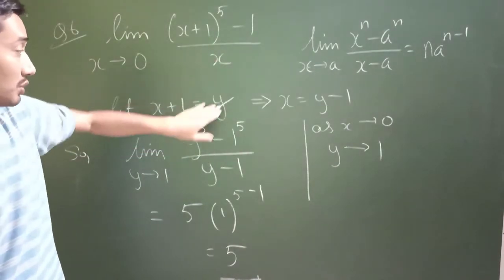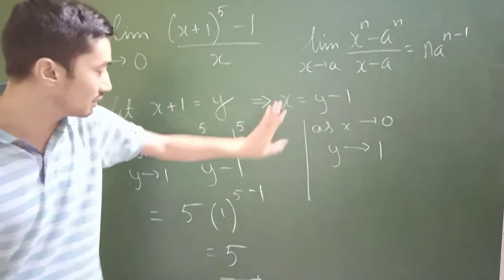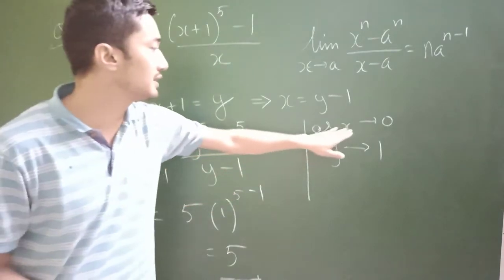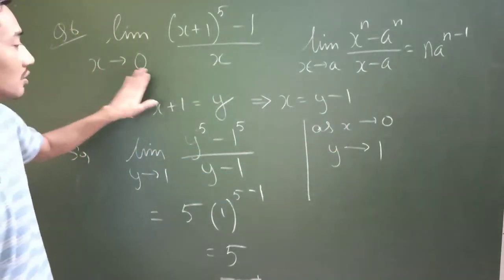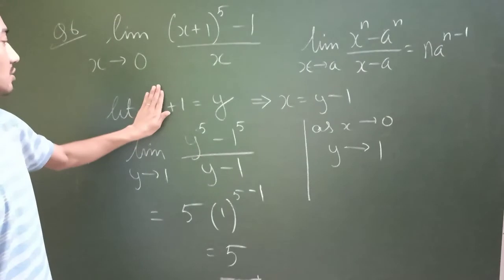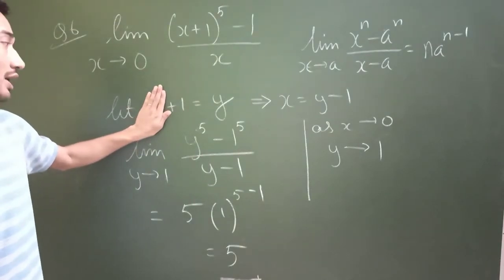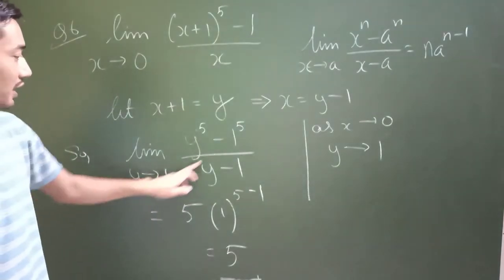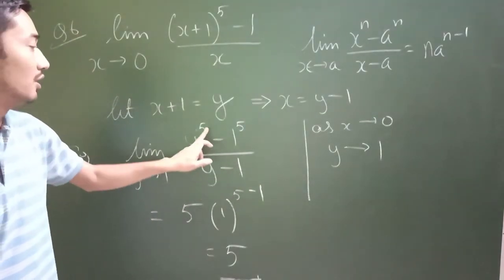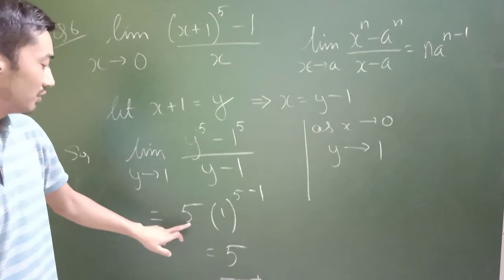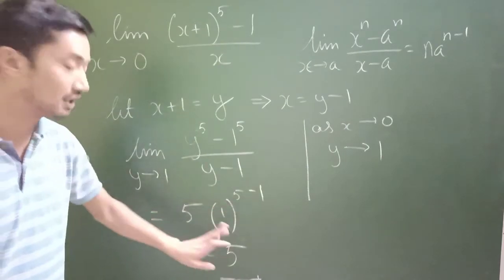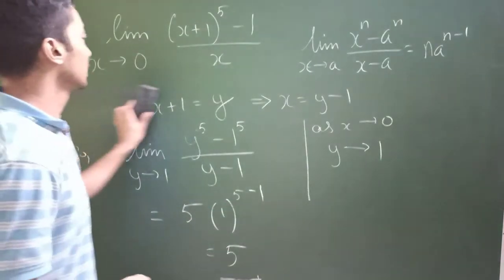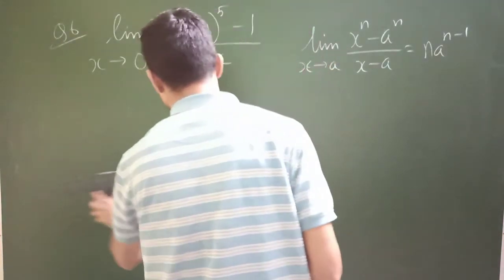The value of x with the substitution is y minus 1. Now as x tends to 0, y tends to 1. N is 5, so it's n into a power n minus 1, that's 5. Alright? Let's move on to some other question again.